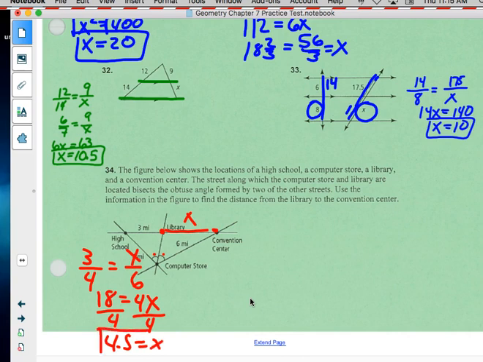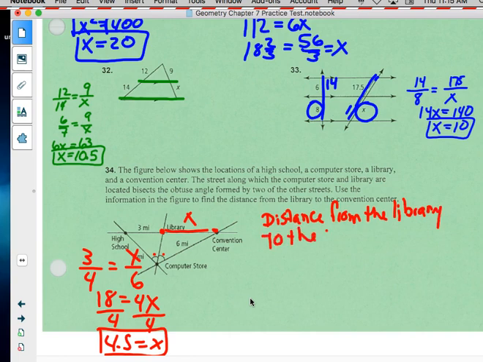So 4.5, and what that means is the distance from the library to the convention center is 4.5 miles.